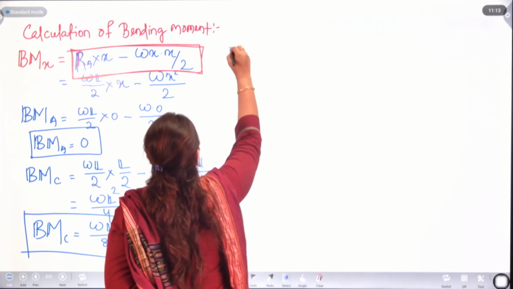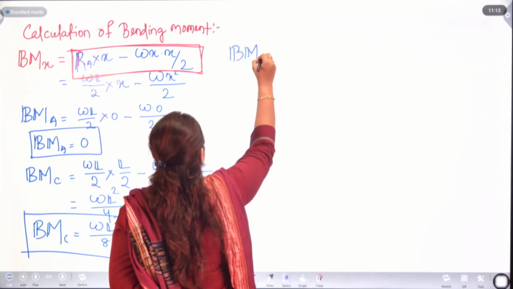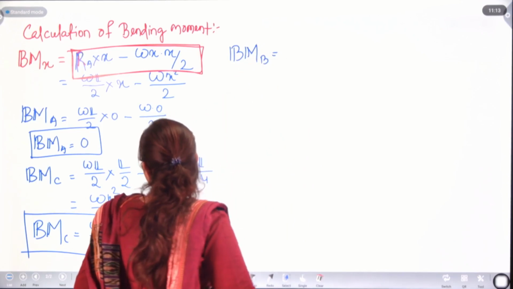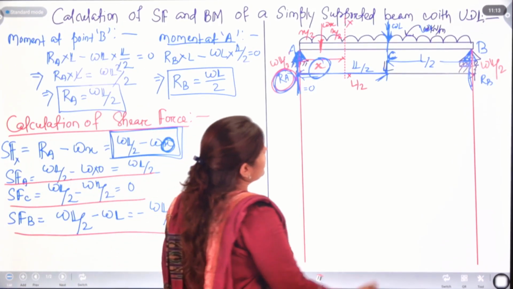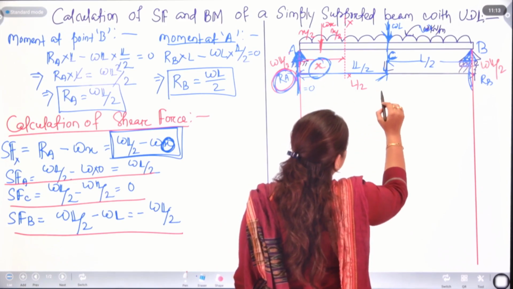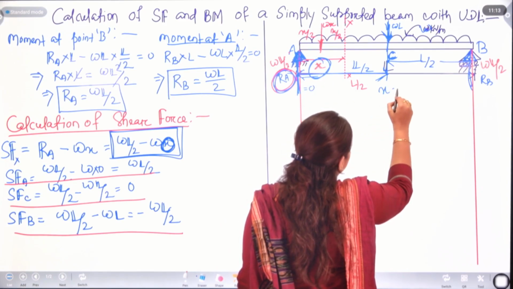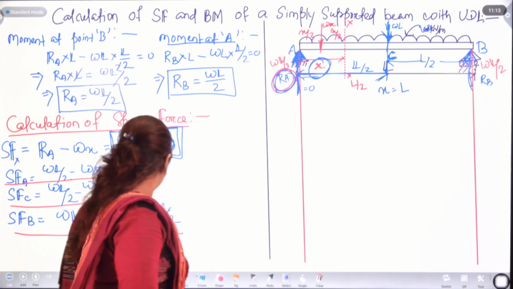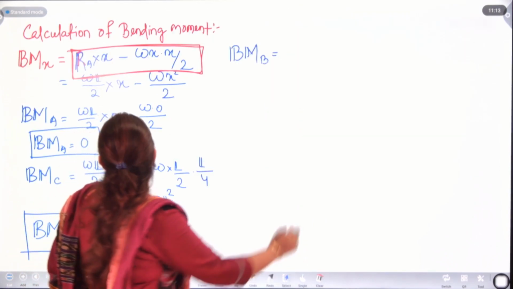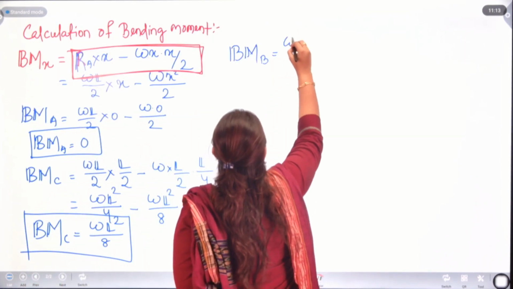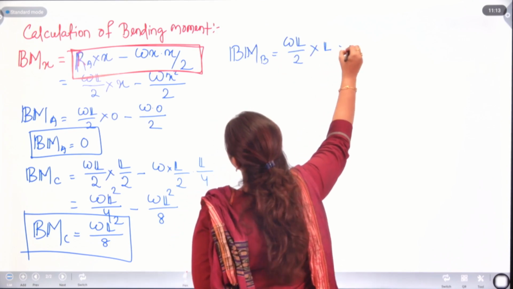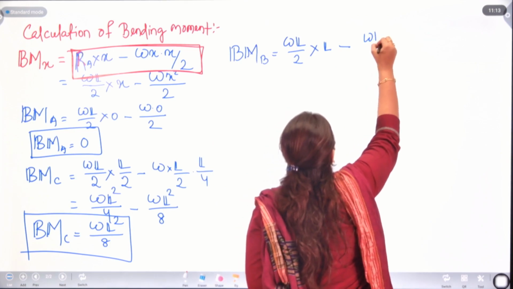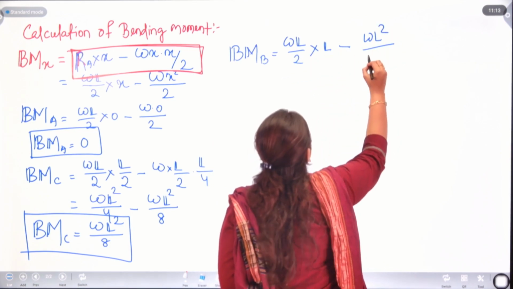Now bending moment at point B. So in case of X, we will put value X as L. Now WL by 2 into L minus WL square by 2.